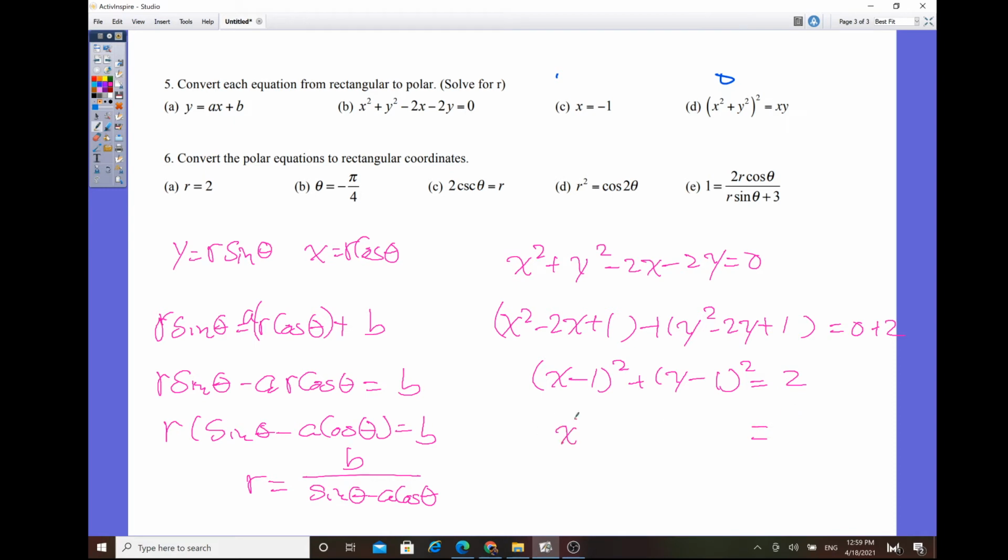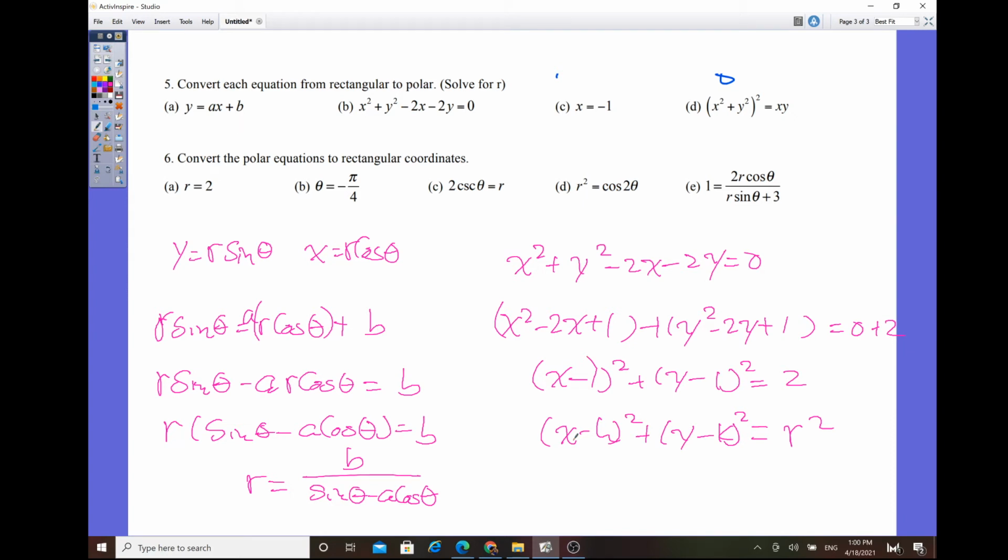So back to the equation of a circle, we have x minus h quantity squared plus y minus k quantity squared equals r squared. So we know that 2 would be the radius squared. The center is h comma k.